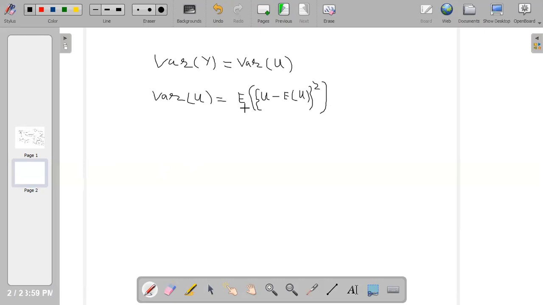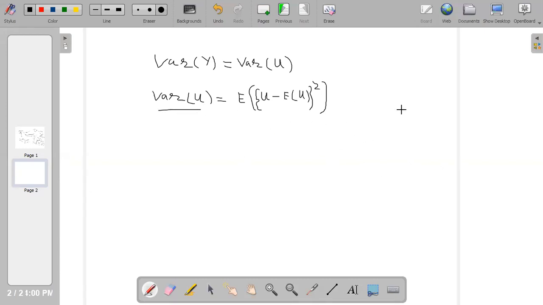The expected value means the average of this square difference. What is this square difference? This is the difference from the mean. U is the random variable u, and expected value of u represents the mean of u. So u minus the mean of u whole square. If you take the average of such square differences, then this is what we call the variance.